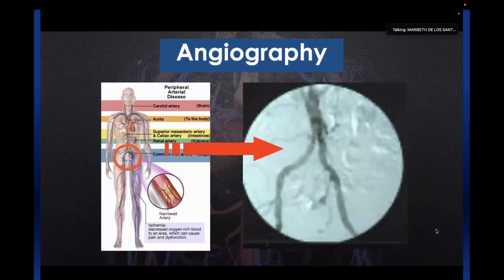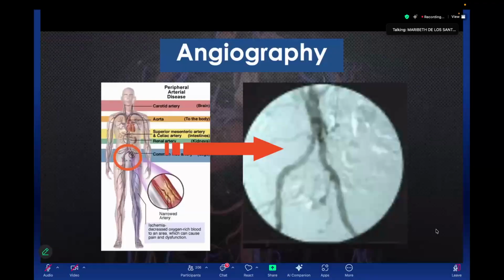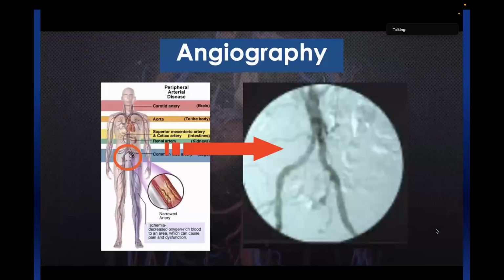The gold standard is still angiography. In angiography, a contrast dye is injected, and that dye will correspond to the flow of blood. So it can actually quantify whether the stenosis is significant or not.